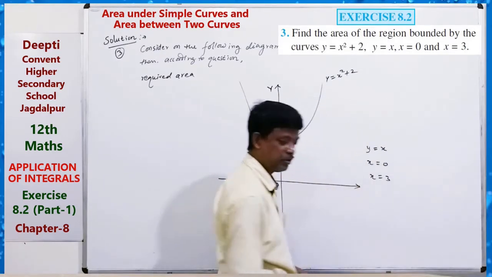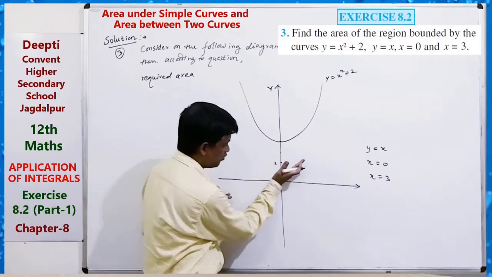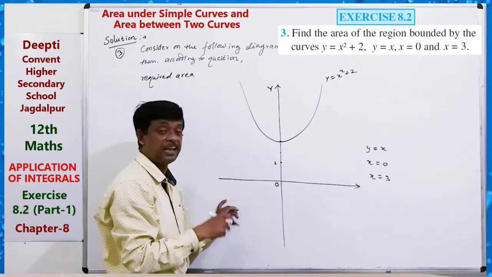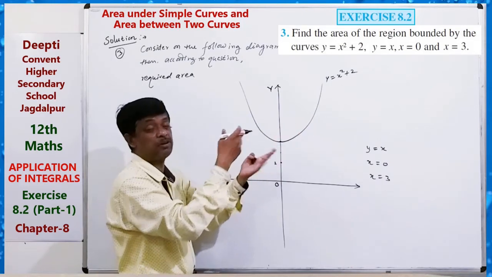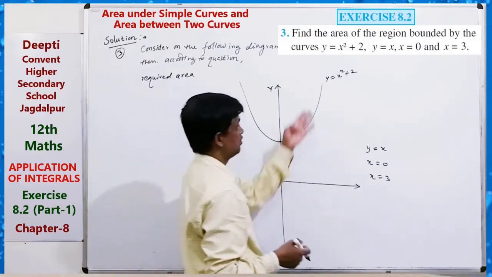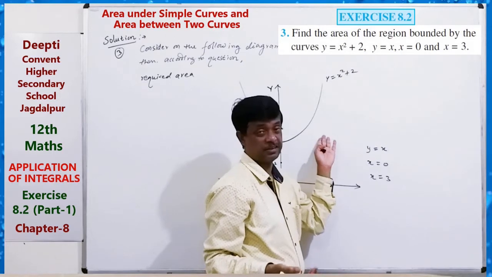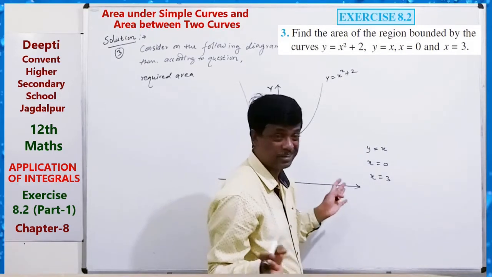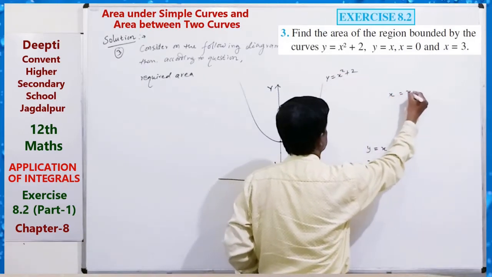Now y equals x, we know the line y equals x. It is a line at 45 degrees with the x-axis. Whether this line intersects the parabola or not, how can you see it? Solve the two. If we get real points, then they intersect. If we get imaginary points, they do not intersect. Putting y equals x, we get x equals x square plus 2.